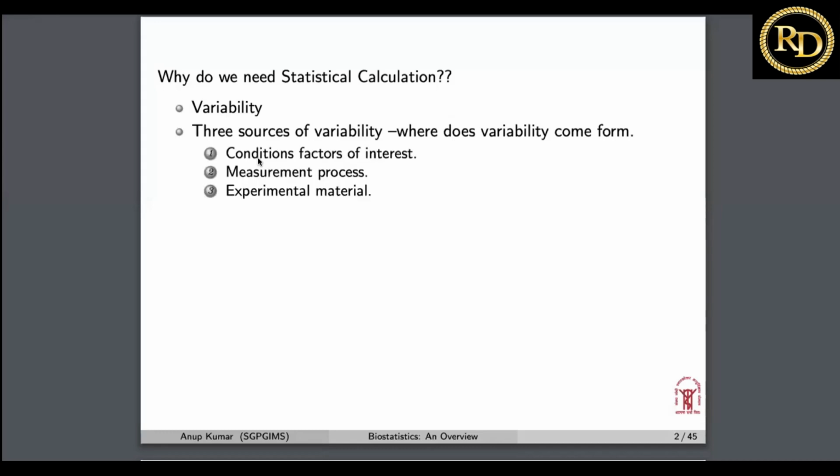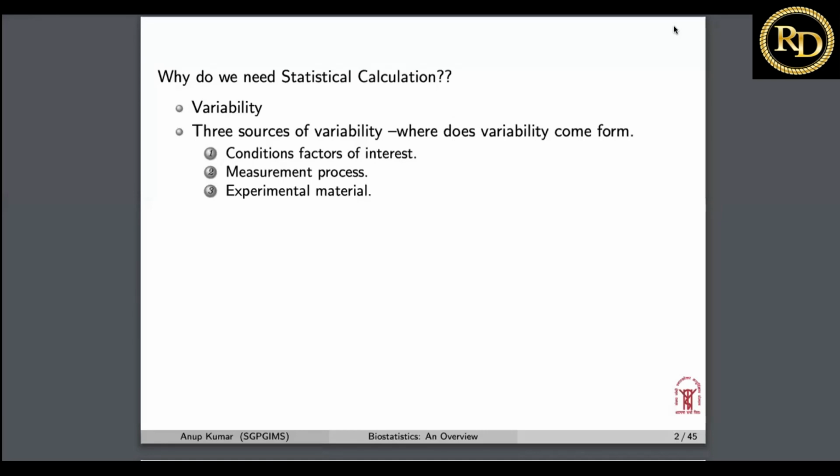The variability comes into the data from these three factors of interest. The first factor of interest is the conditional factor of interest. The second is the measurement process. And the third is the experimental material.